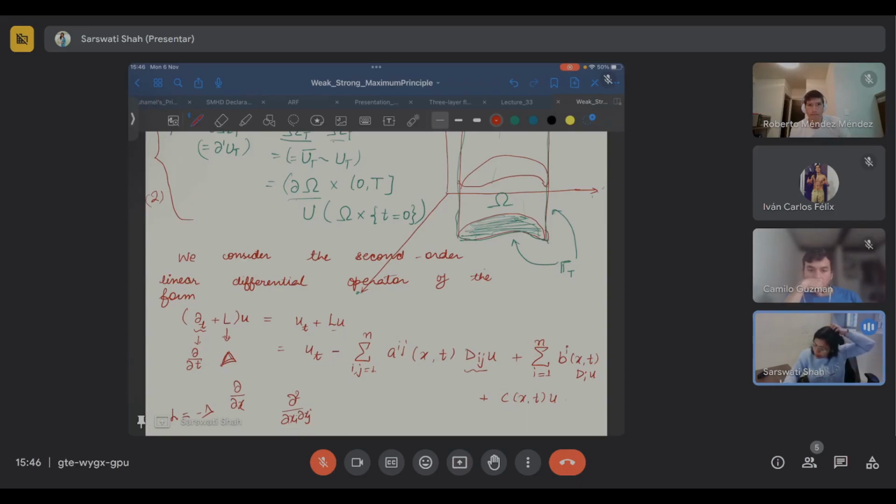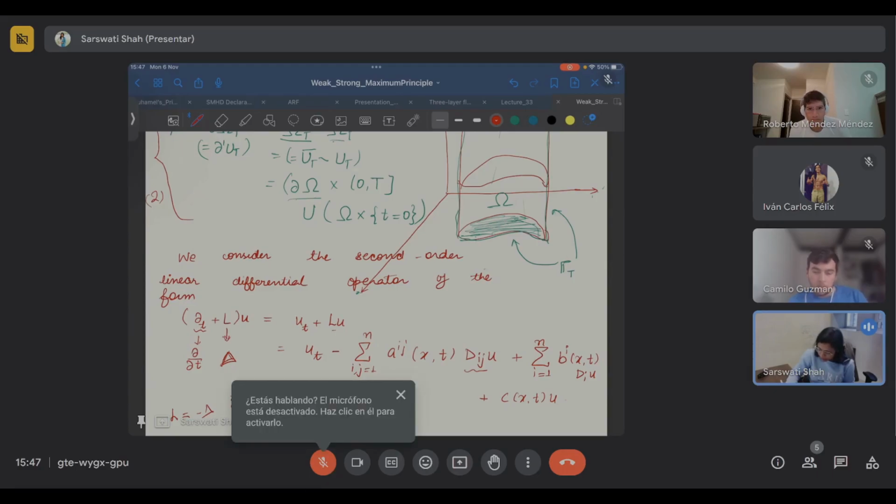So this operator L is defined in this way. Now if this b_i is 0 and c is 0, it will simply reduce to the heat equation in spatial variable. It will simply reduce to the heat equation, and this will give you the heat equation in spatial variable.